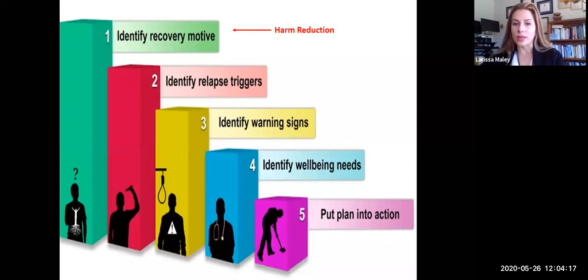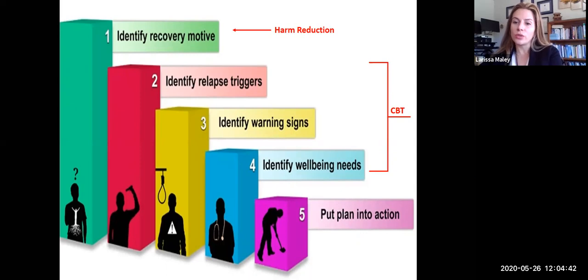Another way of thinking about it is in alignment with another term that we use a lot, which also can fall under the CBT umbrella, which is harm reduction. So we start people off with harm reduction that can apply to just about anybody, regardless of their stage of change, because we're wanting them to just be as healthy as they can be in this moment. So encouraging any positive change is going to fall under the harm reduction umbrella.